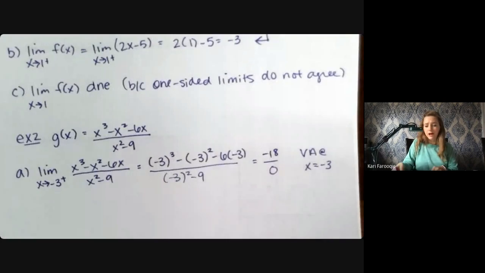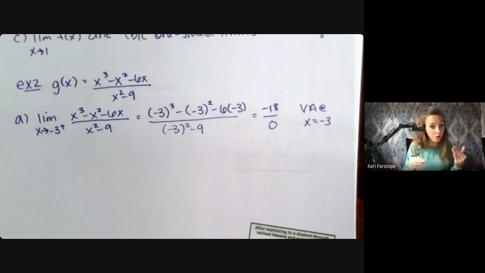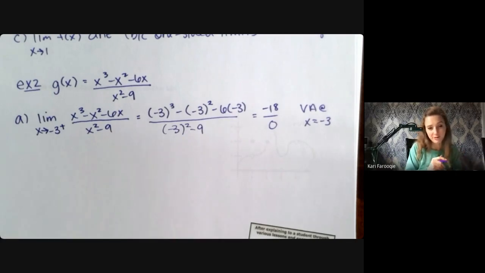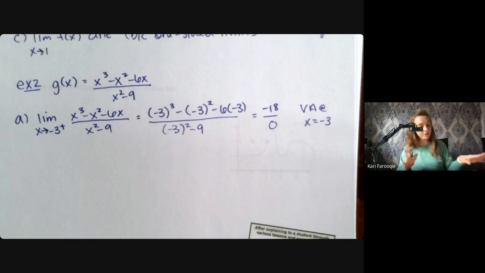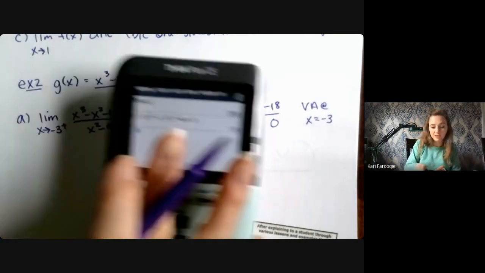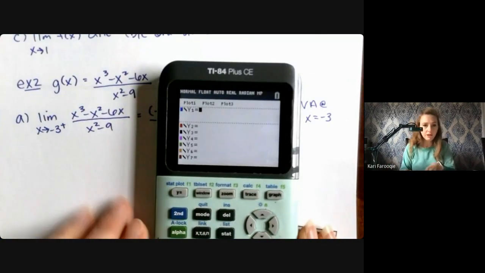And if you're kind of like, well, how would I know? You're going to have to graph it on your graphing calculator, or you could use a table of values and approach -3 from the right and figure out what's happening there. You decide. I'm just going to look at the graph because that's the fastest and easiest way to do this. I'm going to go to my y equals, and I'm going to plug in this function.